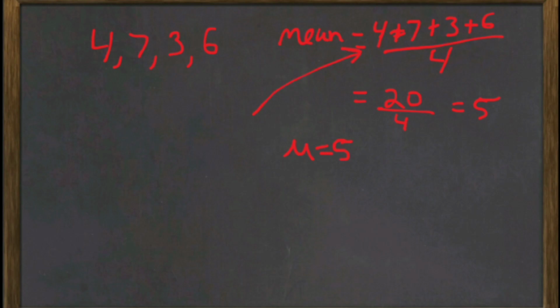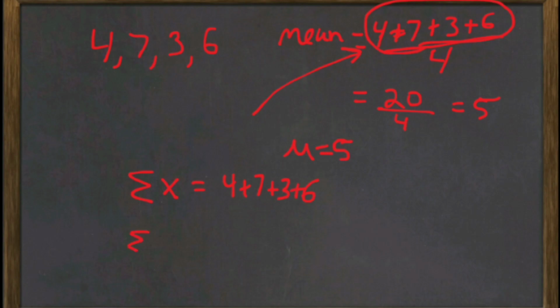When we put that into the equation, all this up here is the summation. We're adding up each value in the series, right? So when I sum over x, then this is equal to 4 plus 7 plus 3 plus 6.